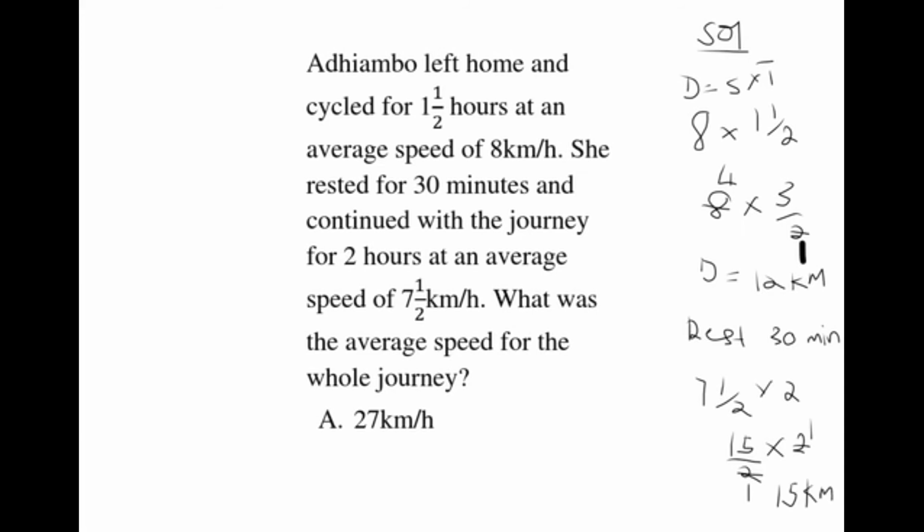Therefore, we are asked to give the average speed for the whole journey. The whole journey includes 12 kilometers plus these 15 kilometers. Therefore, we proceed. 12 plus 15, we get 27 kilometers.